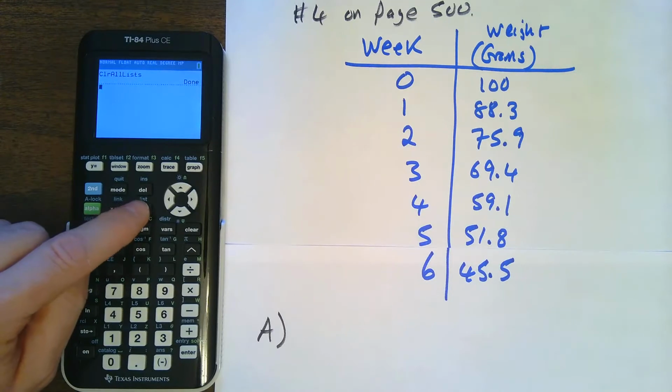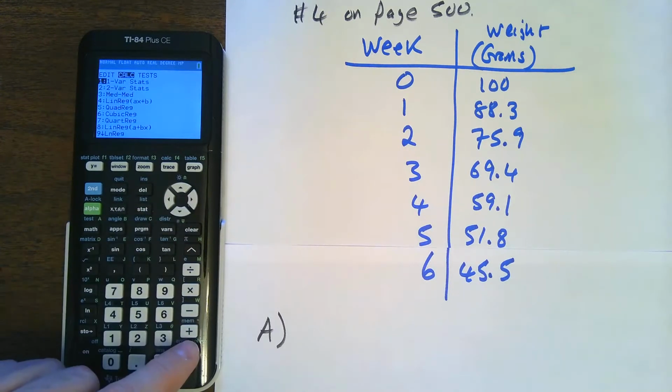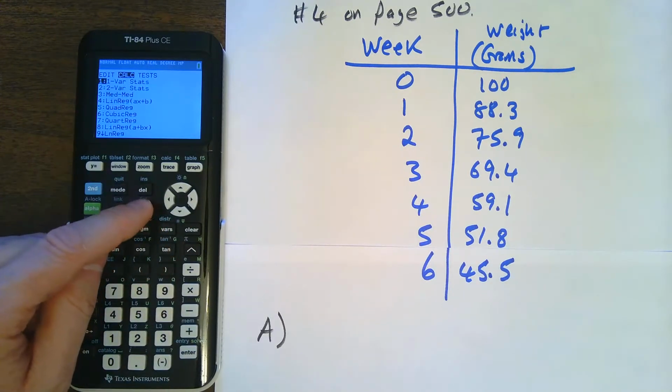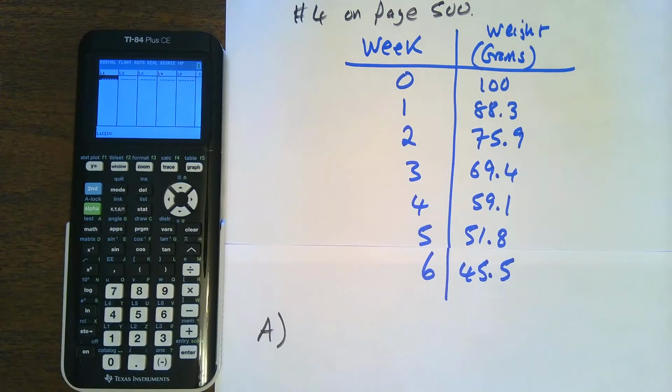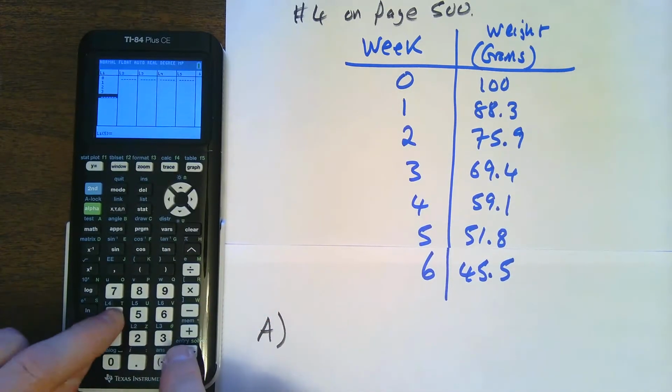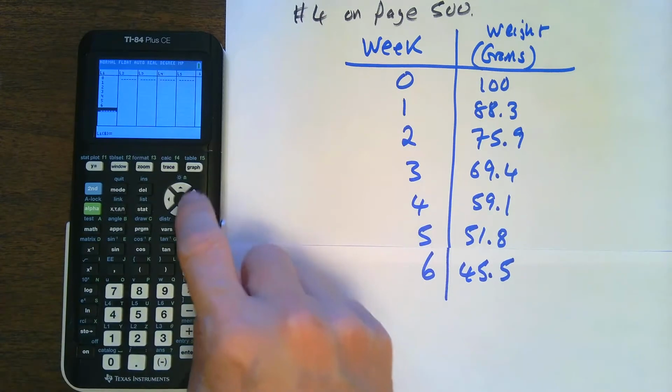So now go back to Stat, Edit, edit my lists, list 1 and list 2. And I want to enter all the data. List 1 is going to be the weeks: 0, 1, 2, 3, 4, 5, and 6.